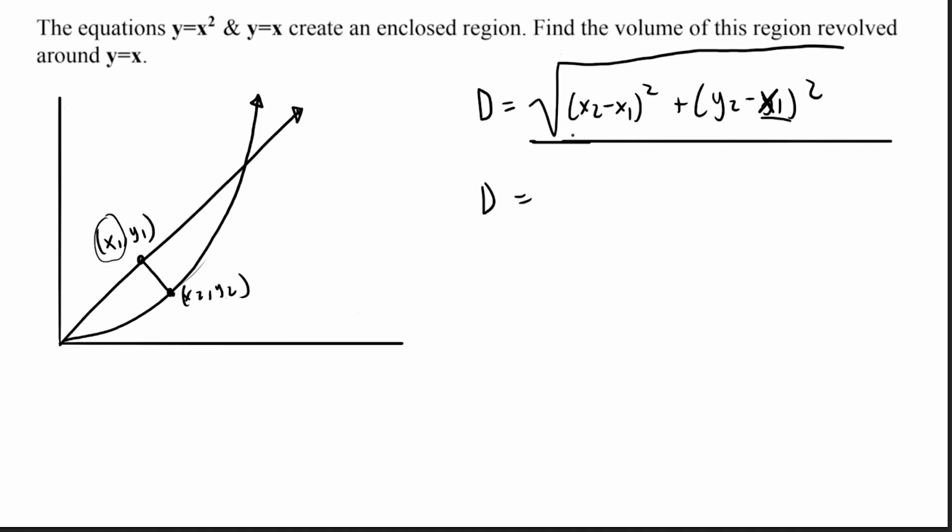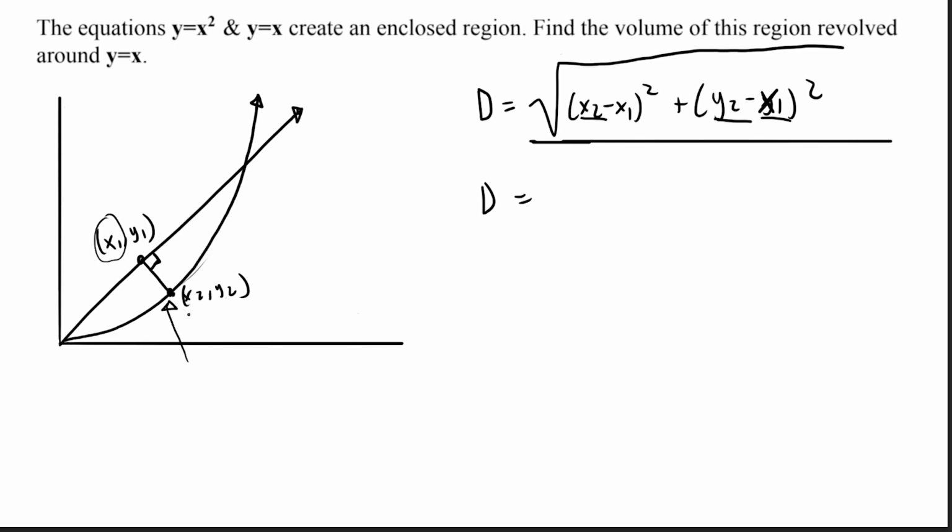And so now we have to think about how to write x2 and y2 in terms of x1. First of all, we know that this is perpendicular, right? And this variable point is always going to fall along this perpendicular line.